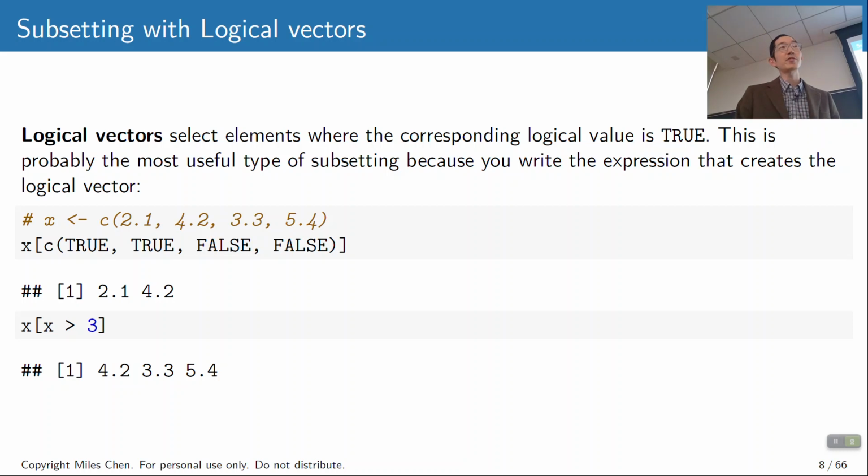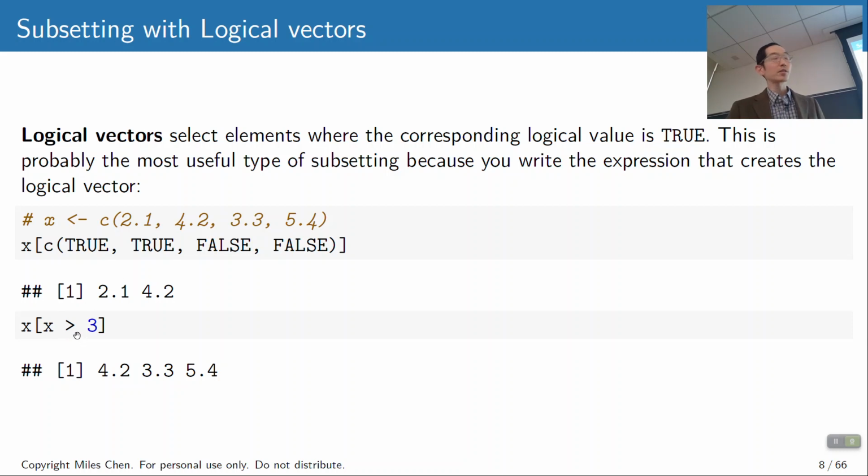Any values that match false will not be returned. So here is a vector of length 4 that corresponds to the 4 elements here, and so it's going to return 2.1 and 4.2, and it won't return 3.3 and 5.4.